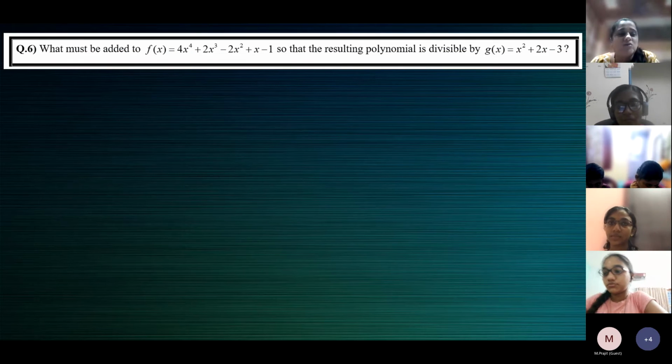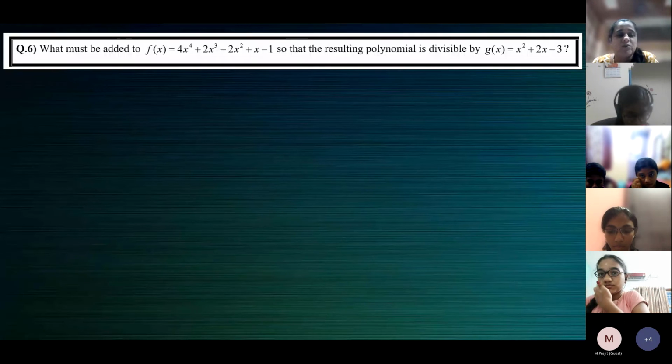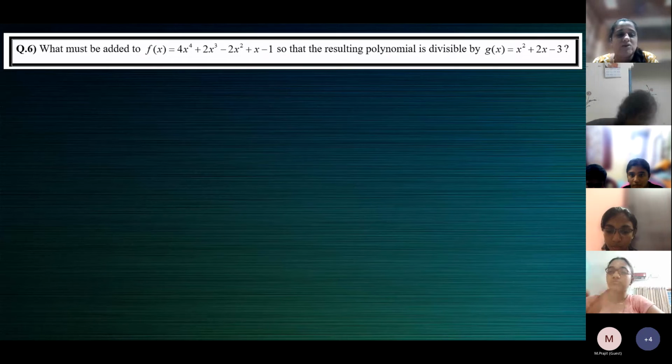So what must be added to f of x? Again, f of x is a biquadratic polynomial. The highest power of the variable x is 4.